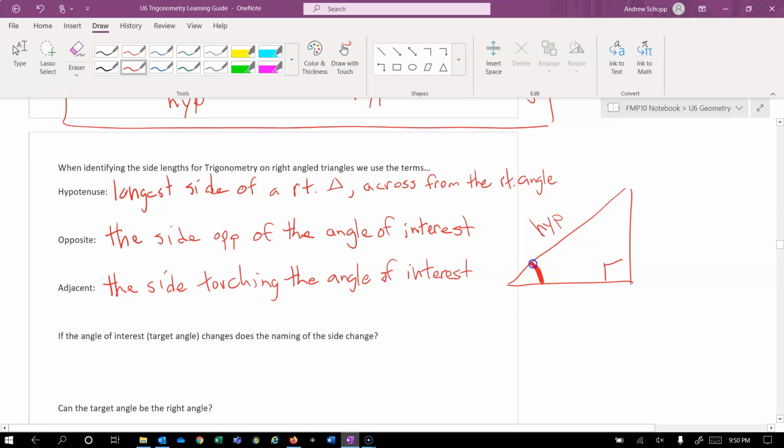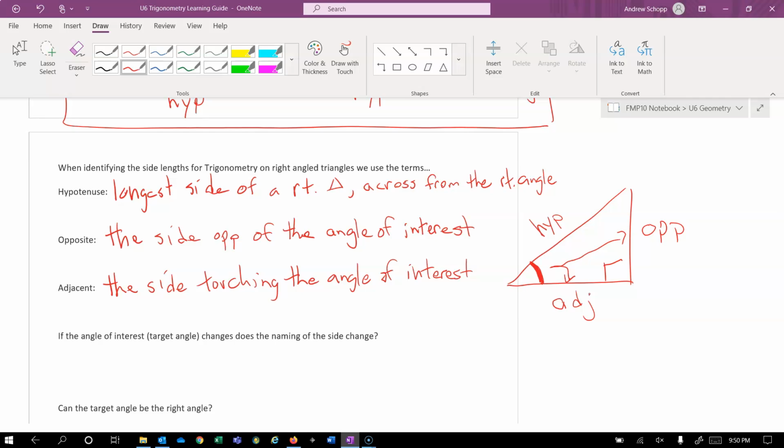And if we start with the opposite, we would go from our angle of interest and go straight out. That would be the opposite side. And the side that is touching the angle of interest would be the adjacent. This is our labeling scheme, and it helps us know what sides are in which ratio for the trig functions.